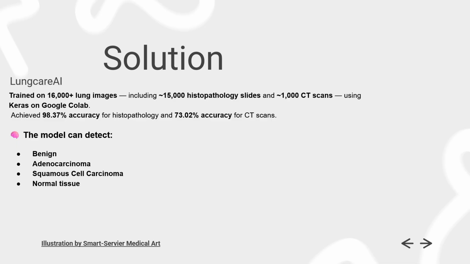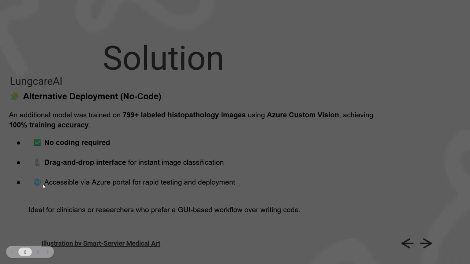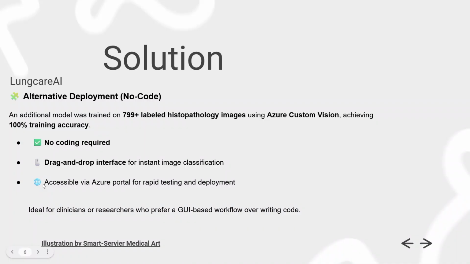So we trained our model on more than 16,000 images, including 15,000 histopathology and 1,000 CT scan images, and we achieved an accuracy of 98%. So the model can detect benign, this, and this. So our solution is 100% accurate.